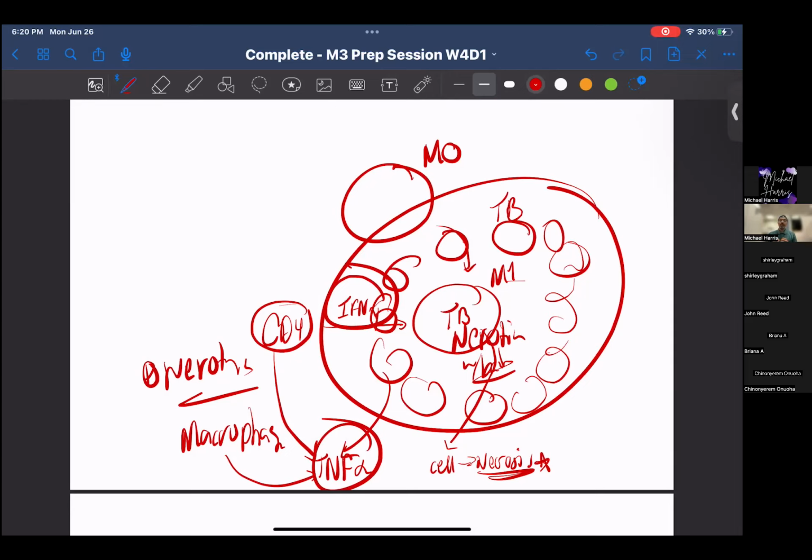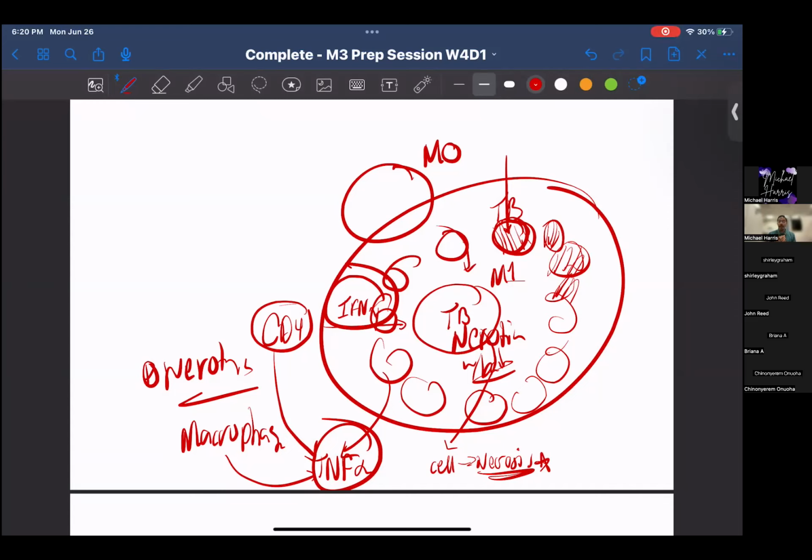So what is the thing that's causing macrophages to come in and become a wall? Because essentially the macrophages are the guys that are making the wall. It's not so much the CD4 cells. The CD4 cells are releasing interferon gamma, yes, which is causing the macrophages to attempt to kill off the bacteria inside of them.